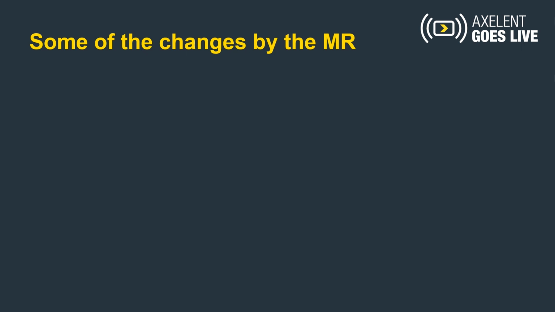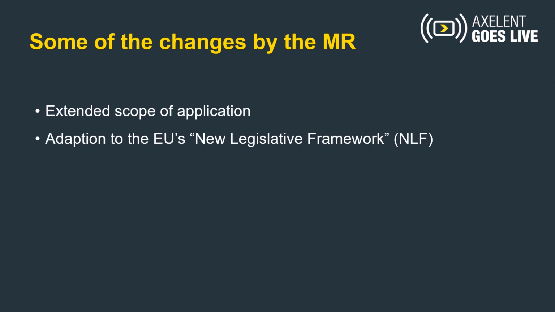To me, the most important changes in the machinery regulation are the extension of the scope of the application, that is, what does the regulation actually apply to, then the adaptation to the new legislative framework. The main consequence is that the regulations now also apply to importers and distributors of machinery.